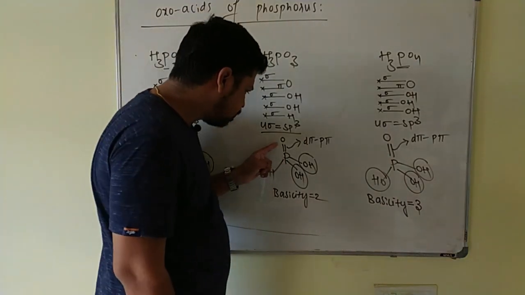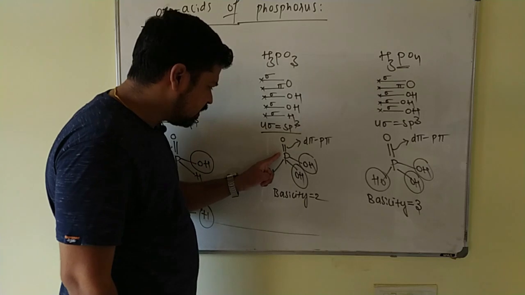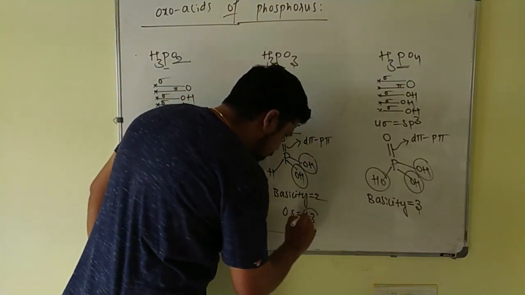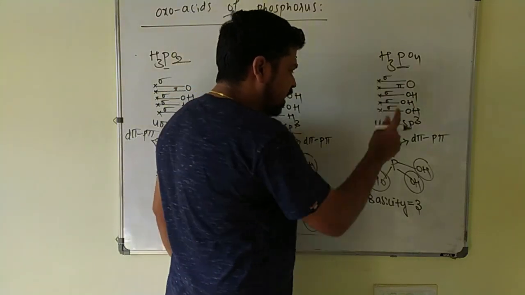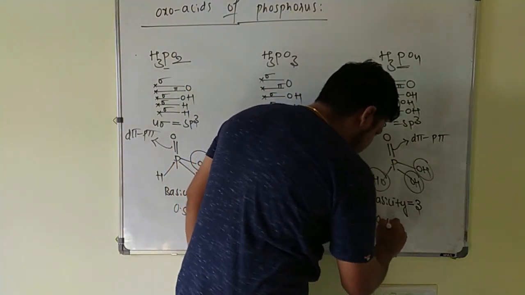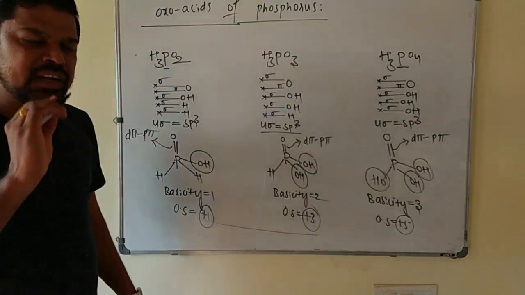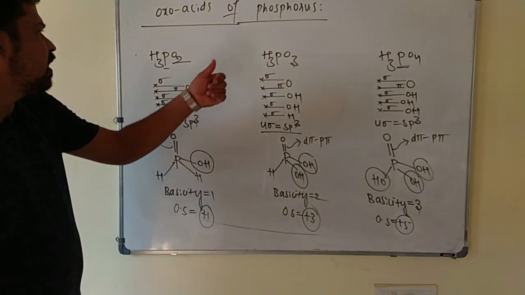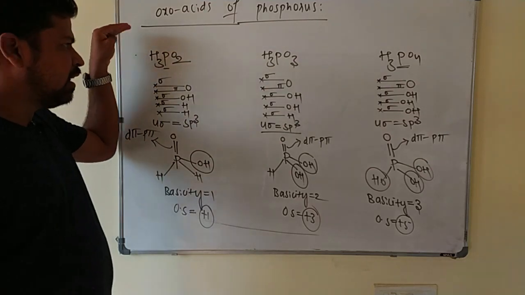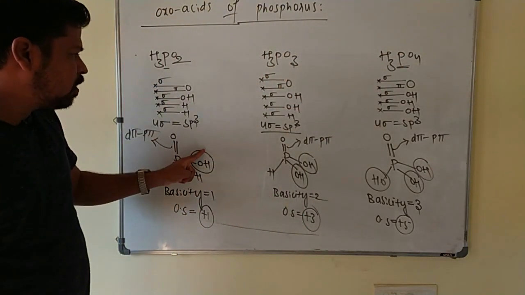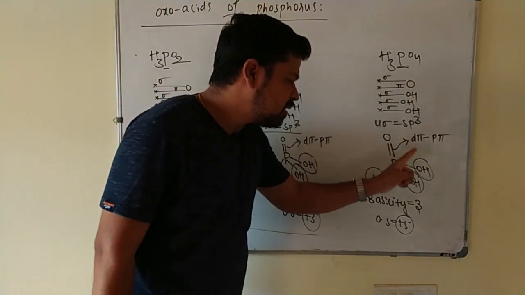Here this is plus 4 and it becomes plus 3. Oxidation state of the phosphorus is plus 3 here, and again plus 5 here. Oxidation state is plus 5. You have to concentrate on the oxidation state also. So in this direction reducing property increases, and in this direction acidic property increases, because the number of replaceable hydrogens is 1, 2 and 3 here.